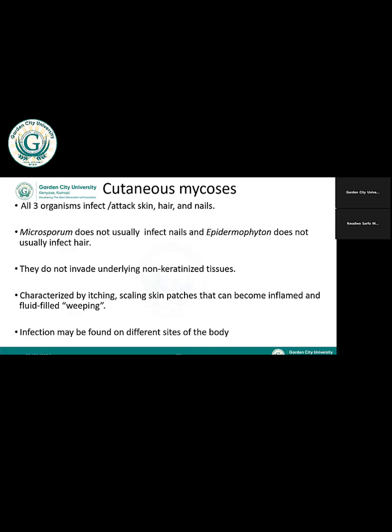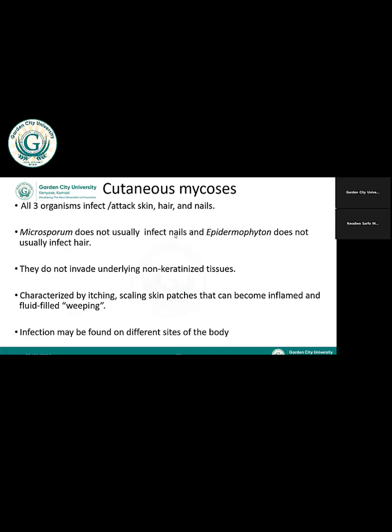So these three dermatophytes can be classified or seen in specific areas of the external part of the body. Although Microsporum feed on keratin, usually they don't infect the nails.